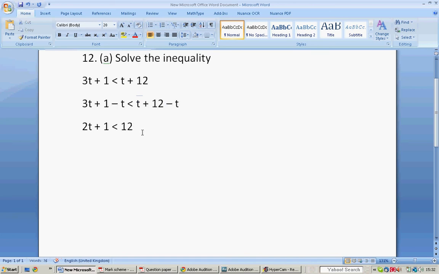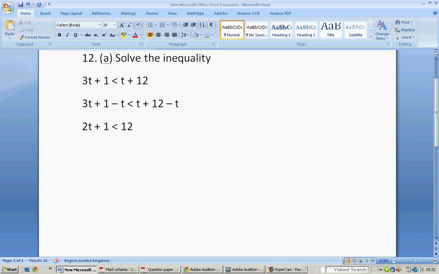So now we've made things a little simpler. We know that 2t plus 1 is less than 12. We still don't have t by itself, so we have to go further. We have 2t plus 1, so we'll do the inverse of plus 1 in order to get t by itself.